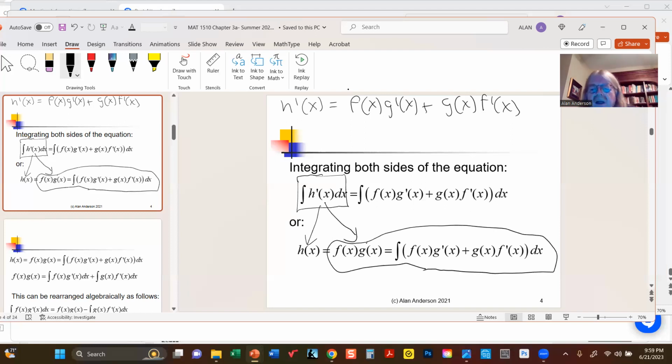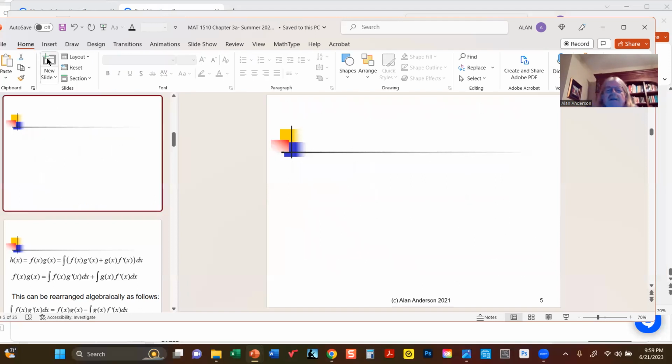Okay. Now I'm going to do a little algebra. You might recall that one of the basic properties of integrals is that the integral of a sum equals the sum of the integrals.